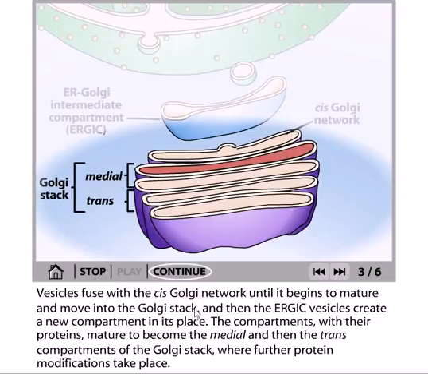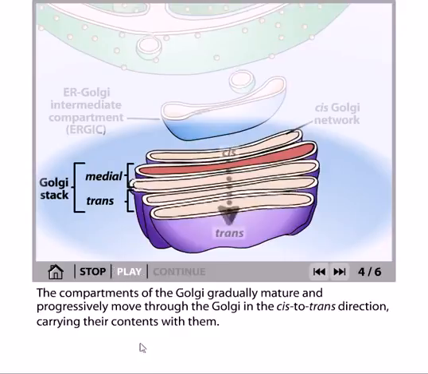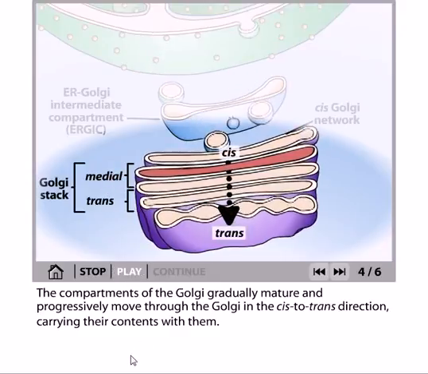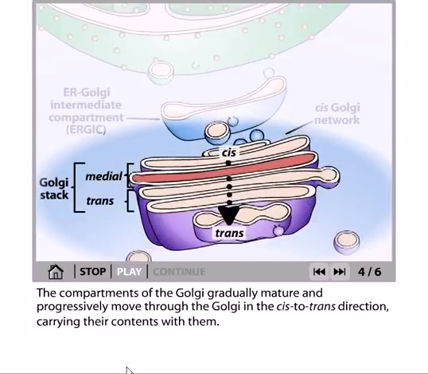So that is the basic thing. The compartments of the Golgi gradually mature and progressively move through the Golgi in the cis to trans direction, carrying their components with them.